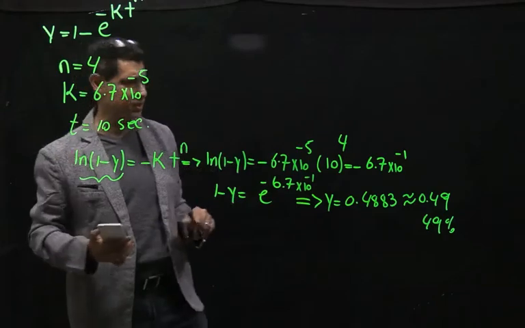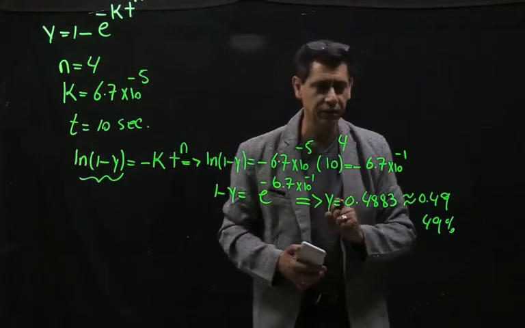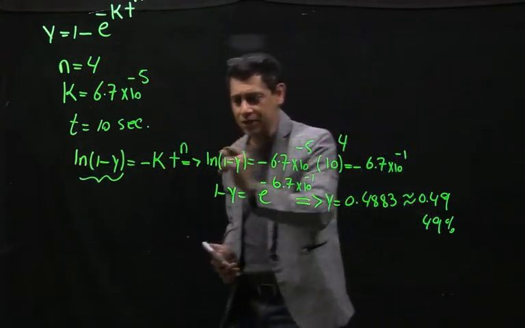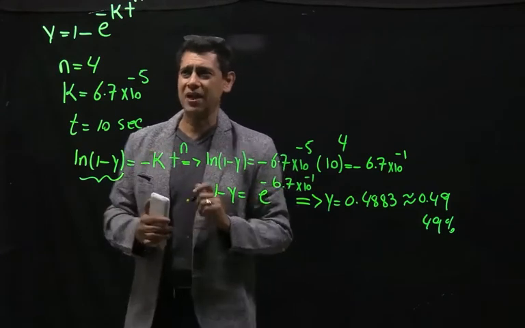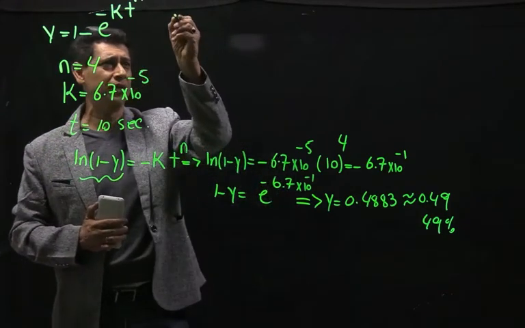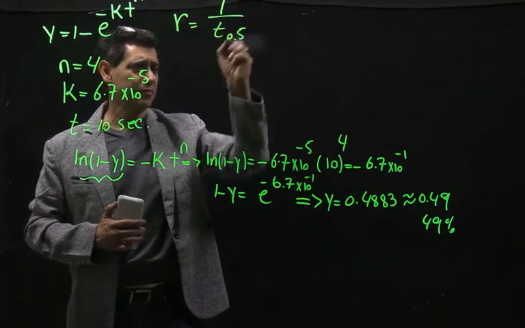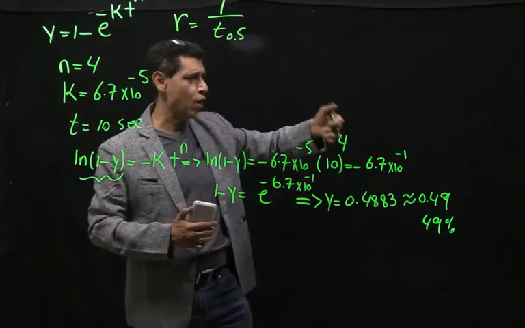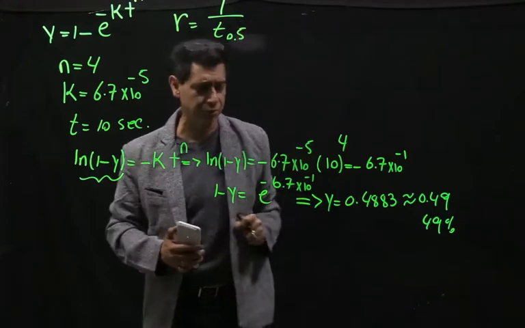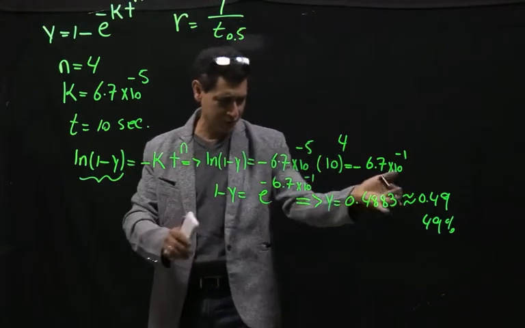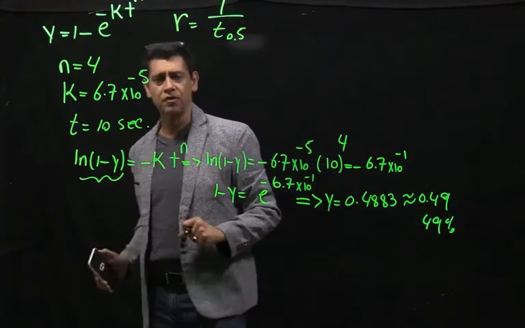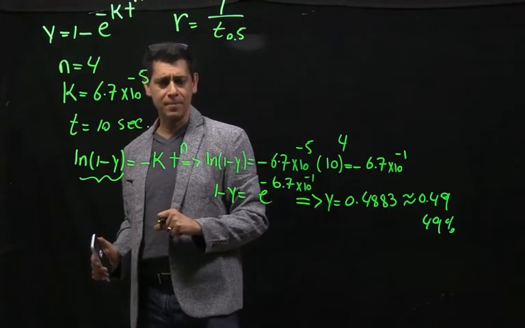What if the question is asking, calculate the reaction rate? So what is the reaction rate? The reaction rate is 1 divided by t 0.5, meaning 1 divided by the time required for 50% of the reaction to be completed. It's 49%, so I can't just make a judgment here. Let's do it one time for 0.5.